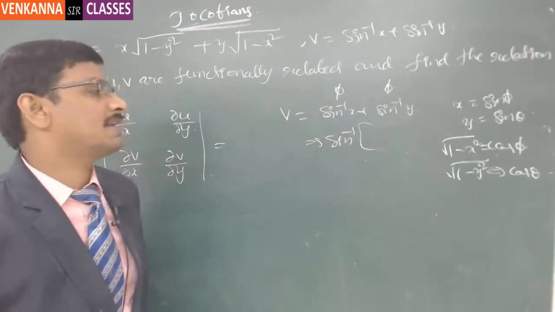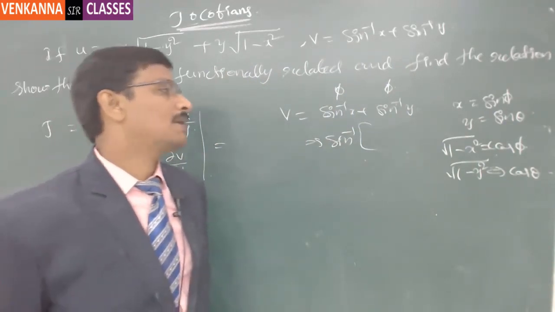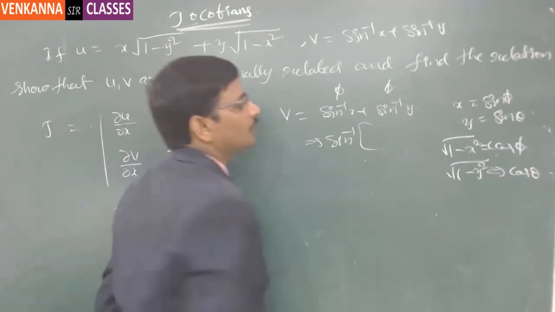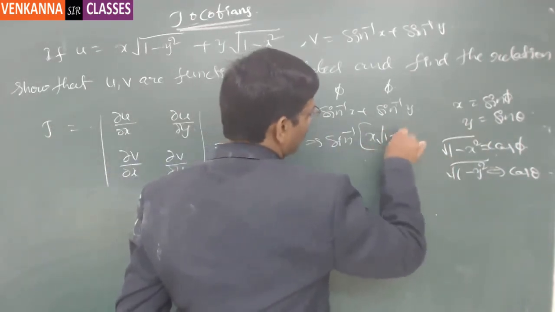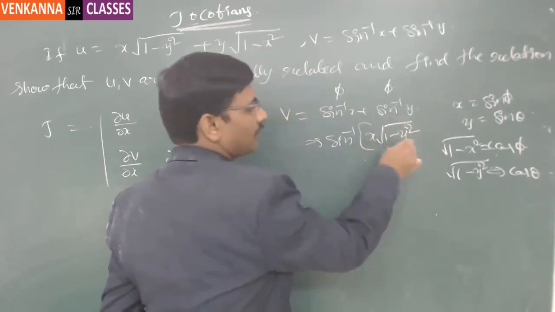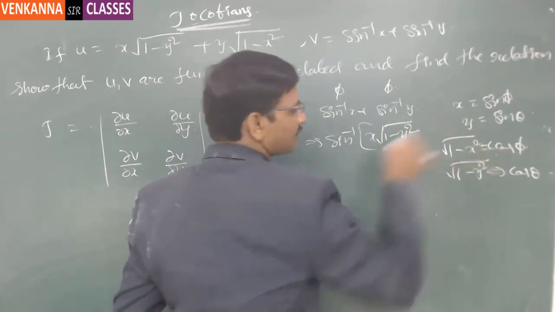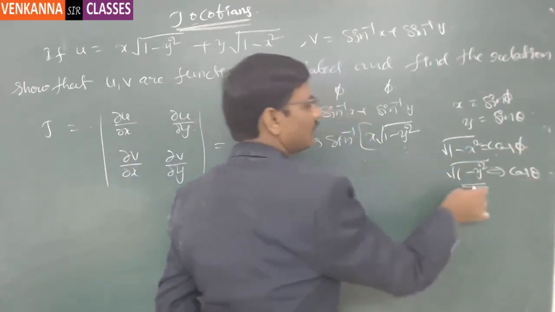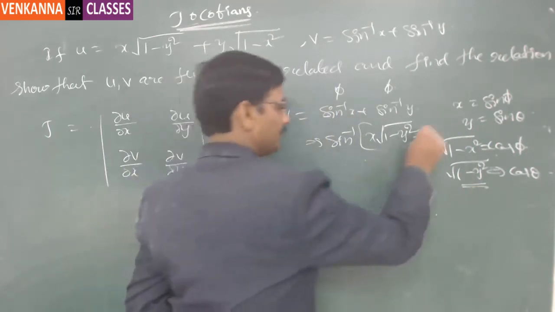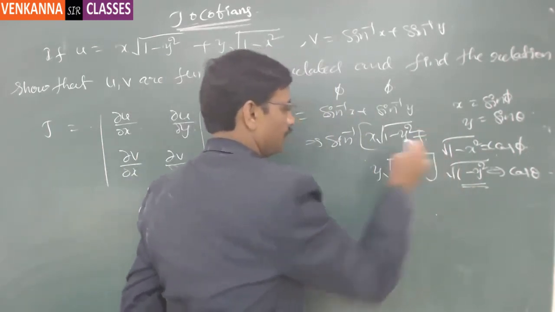To take the sine of a plus b, you apply sine a cos b plus cos a sine b. So sine a is x into square root of 1 minus y square, because sine phi is x and cos theta is square root of 1 minus y square, plus y into square root of 1 minus x square.